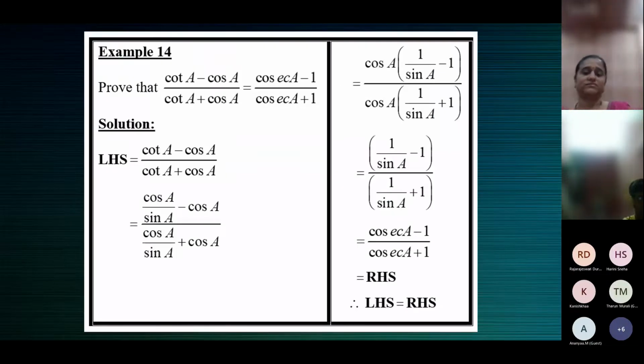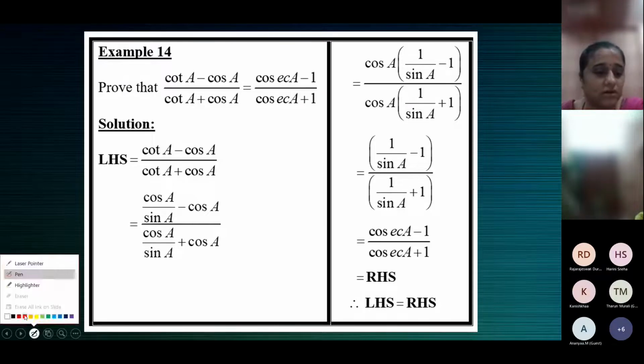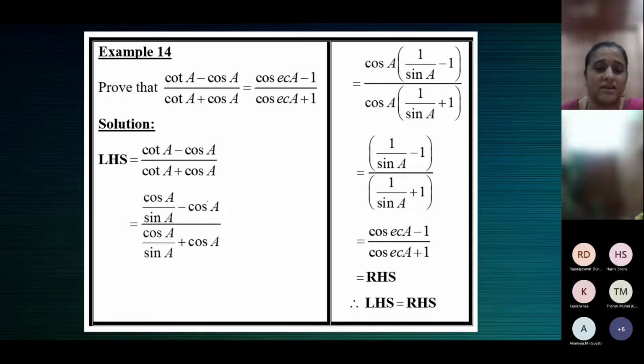Please write down, children. Please write it one below the other. I'm sure you all understand. So don't write it like this. Don't put a line and write it beside.